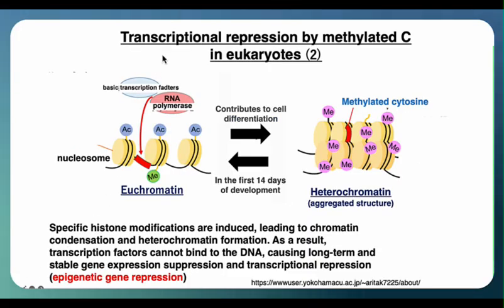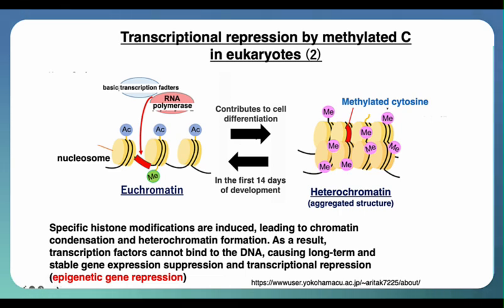Furthermore, methylation of cytosine induces specific histone modifications. These histone modifications promote chromatin condensation, leading to heterochromatinization, which prevents transcription factors from binding to DNA. And it results in stable gene expression suppression and transcriptional repression.